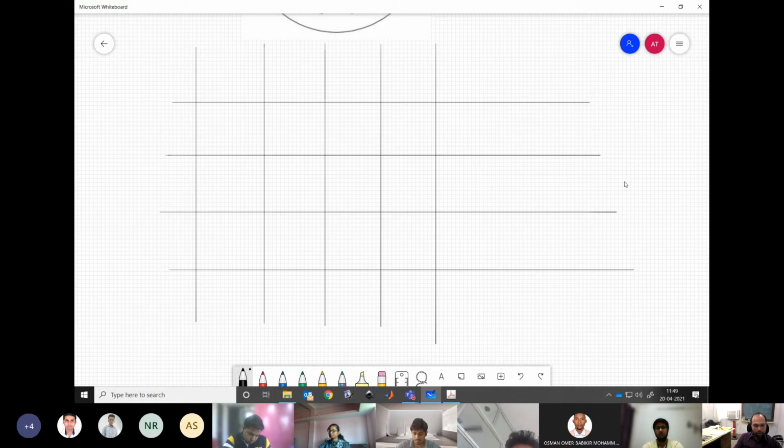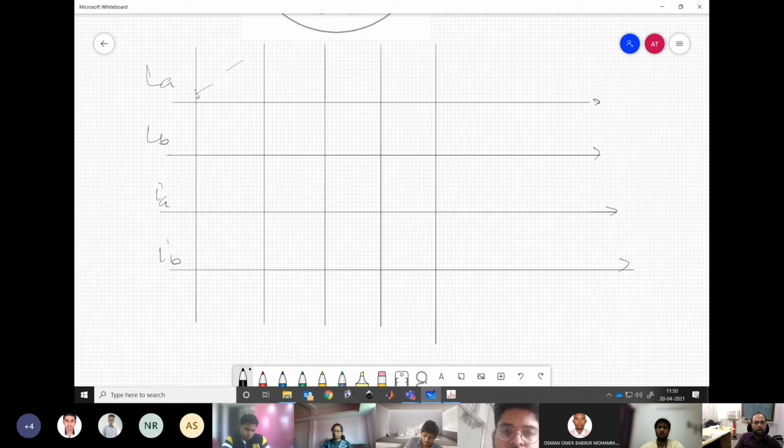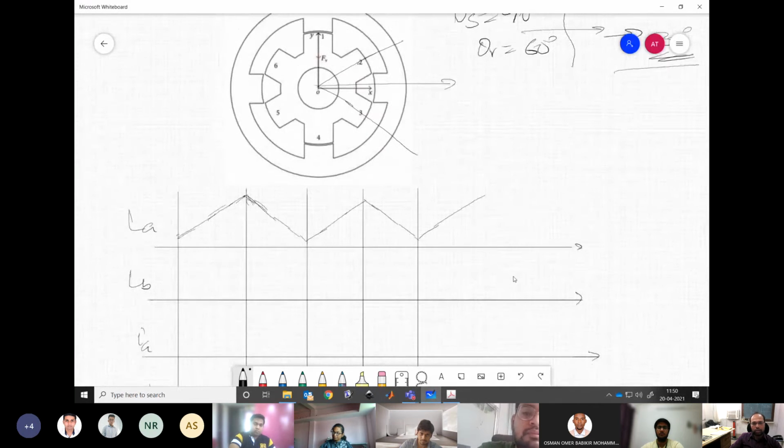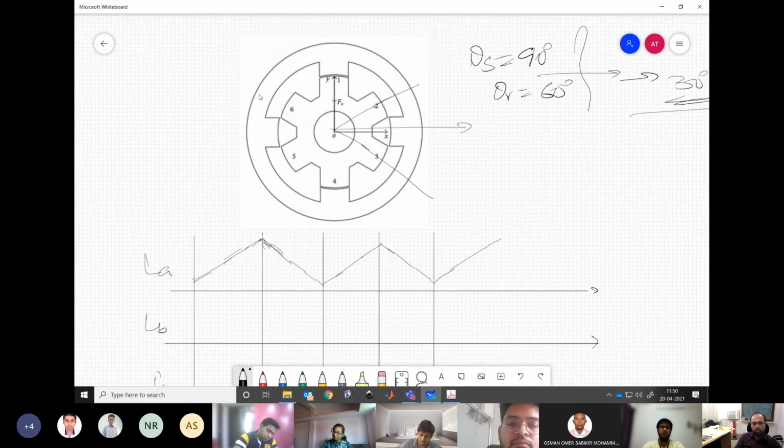So let's say we talk about coil A and B, and what current we need to give for A and B. So what will happen? For coil A, the inductance may go like this. For coil A, this is going from unaligned position to aligned position.